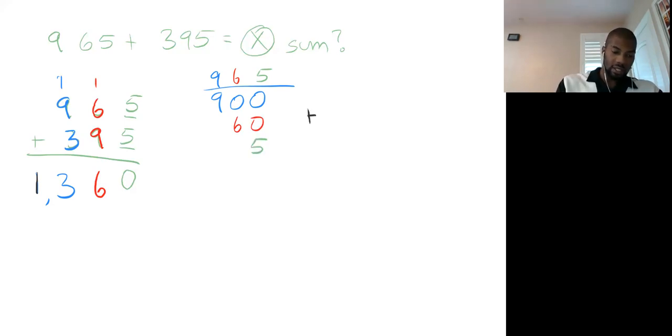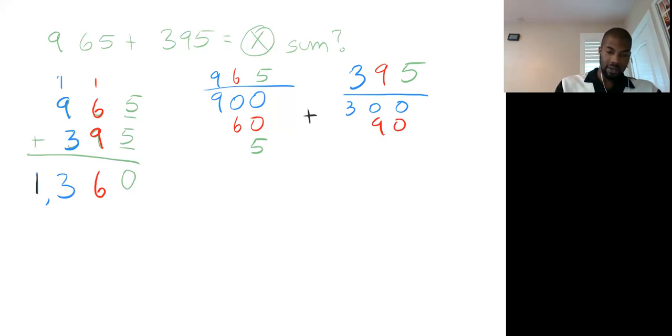And I'm going to add that to 300 plus 90 plus 5. So that's going to give me 300 and then it's going to give me a 90, and that's going to give me a 5.